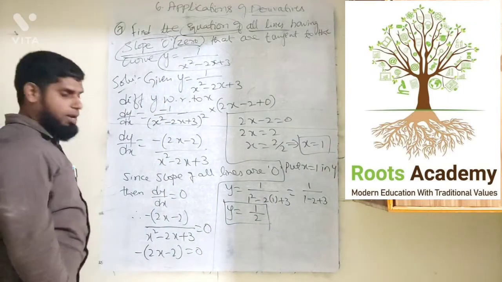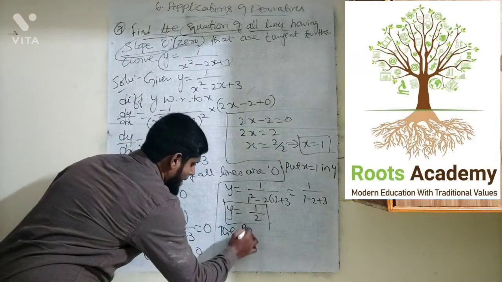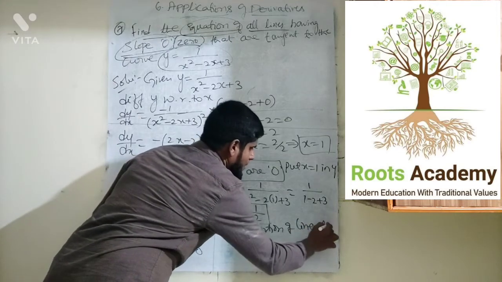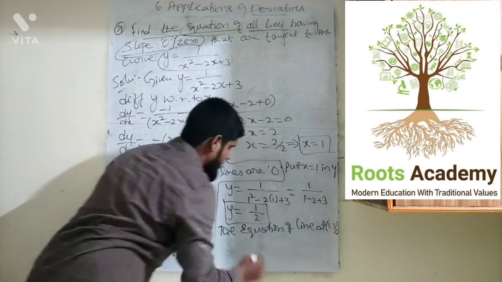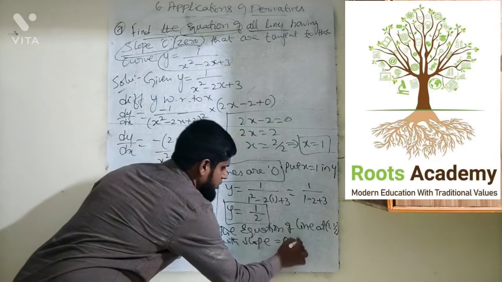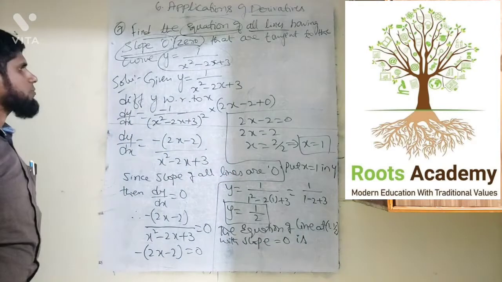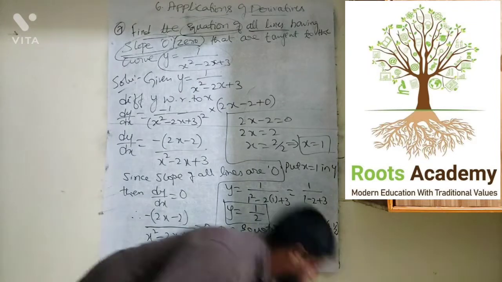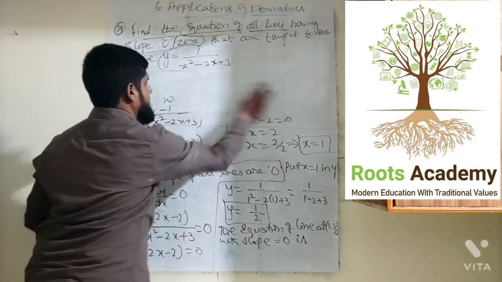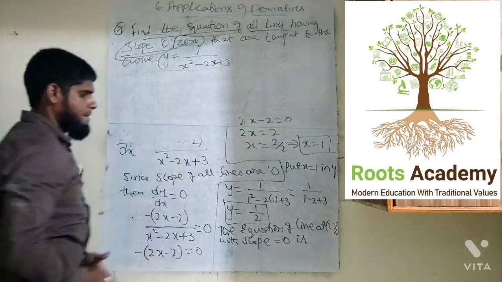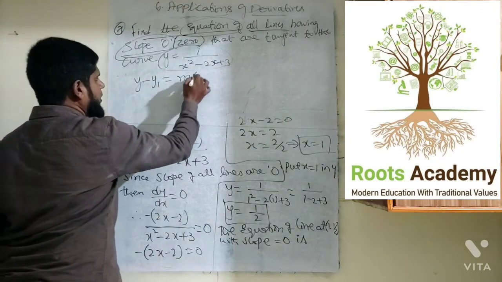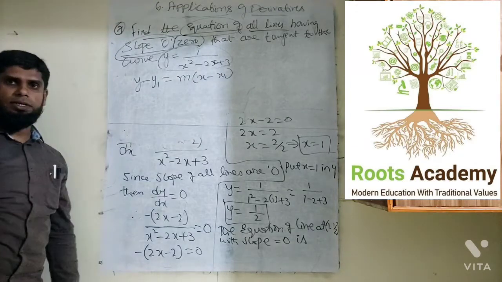Then the equation of the line at 1 comma half with slope equal to 0 is y minus y1 is equal to m into x minus x1.